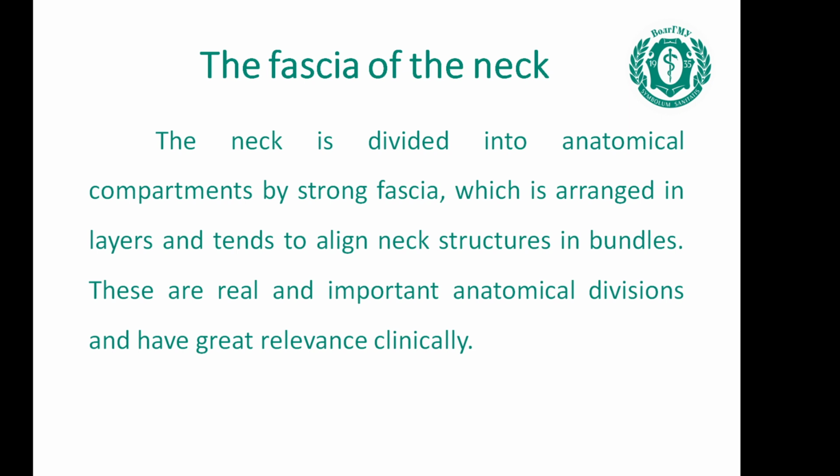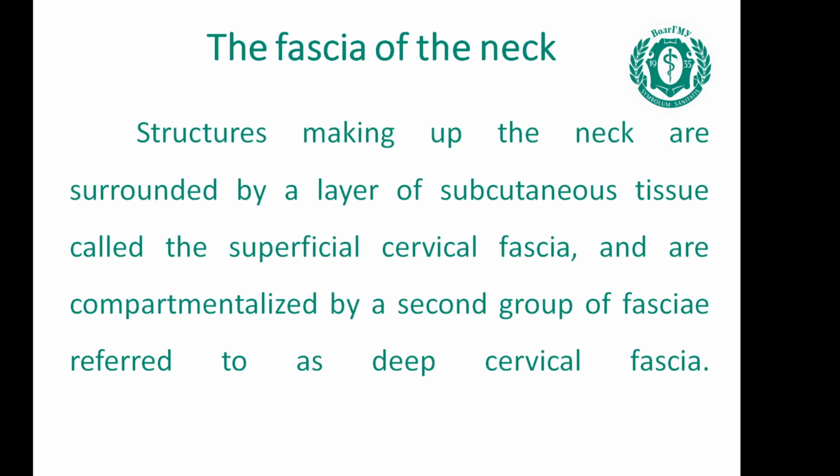Now let's talk about the fascias of the neck. The neck is divided into anatomical compartments by strong fascia, which is arranged in layers and tends to align neck structures and bundles. These are real and important anatomical divisions and have great relevance clinically.